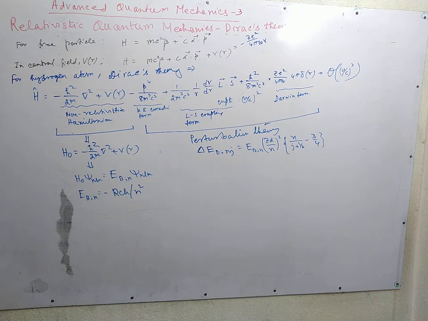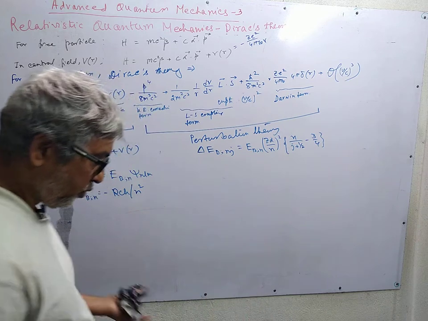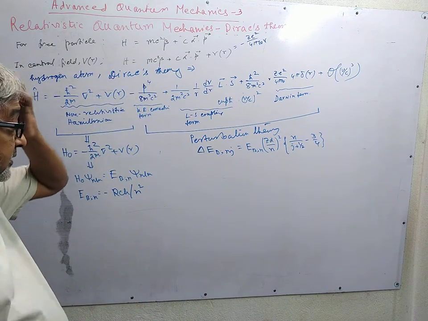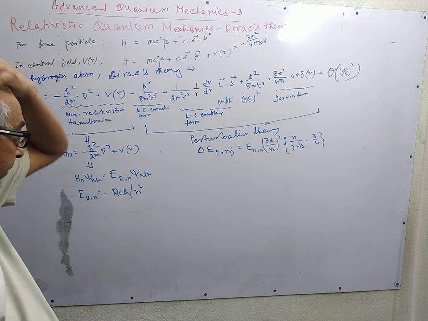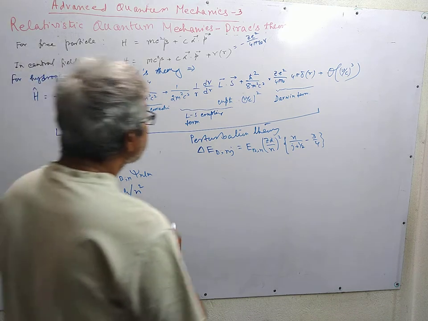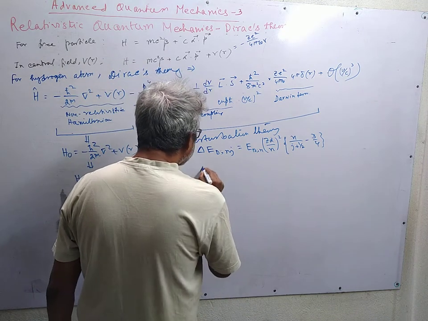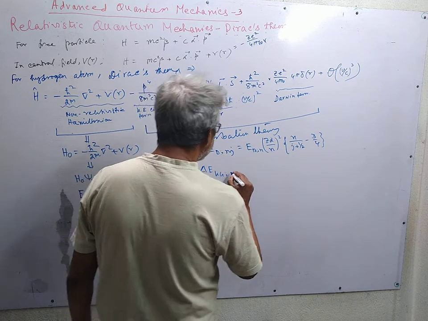There are still other contributions which depend on v by c cube or still higher order terms. You see the corresponding correction term as per Klein-Gordon equation, as we have mentioned.